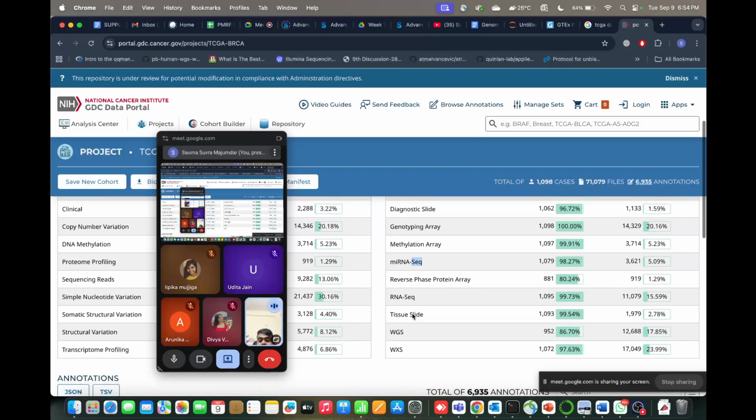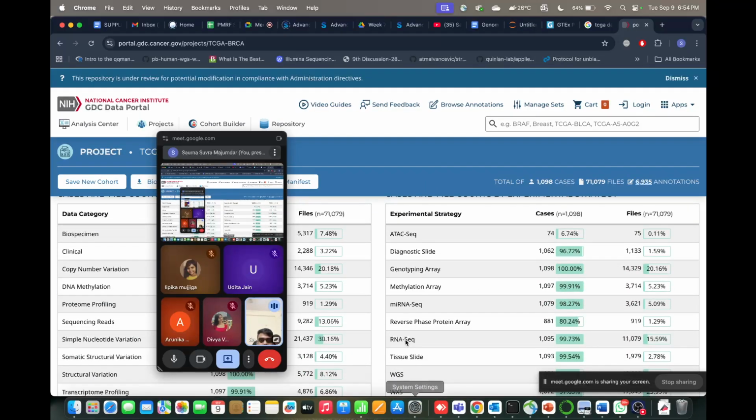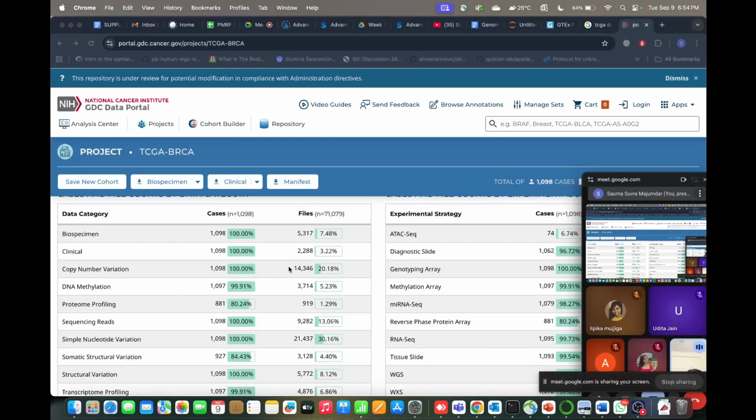So these are much more advanced things that they do. You do basic RNA-seq, which is the gene expression thing. You do whole genome sequencing, and WXS, you can do whole genome, or you can just do the exome regions of the genome, targeted sequencing as well. So you have a lot of information in terms of the types of data they have generated.